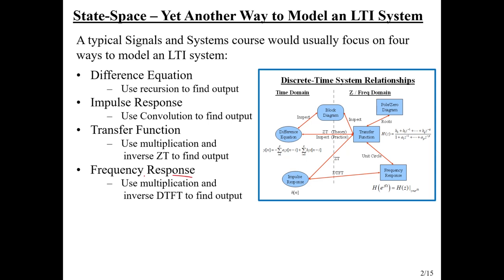Again, using multiplication to do the analysis. And again, we generally don't do that multiplication. We just look at the frequency response to see what it's going to be doing. And that's how we think about this.